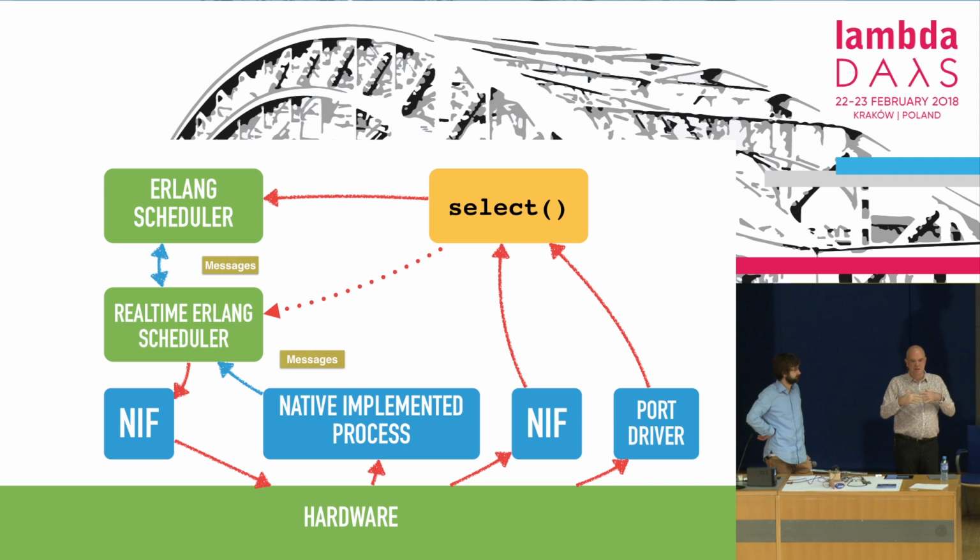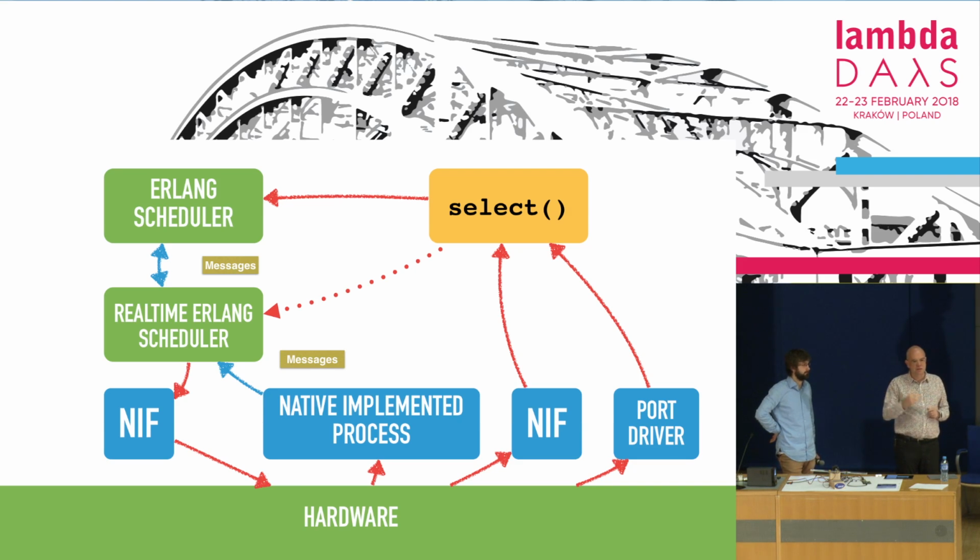So you need a pipe or some file descriptor, and you need to wait on the file descriptor there. And then the Erlang VM notices that something happened and sends a message to the process that is watching the port. As of recently, you can also use this with NIFs.